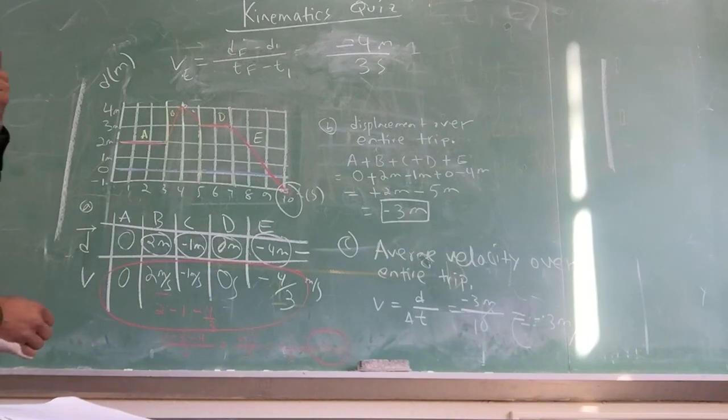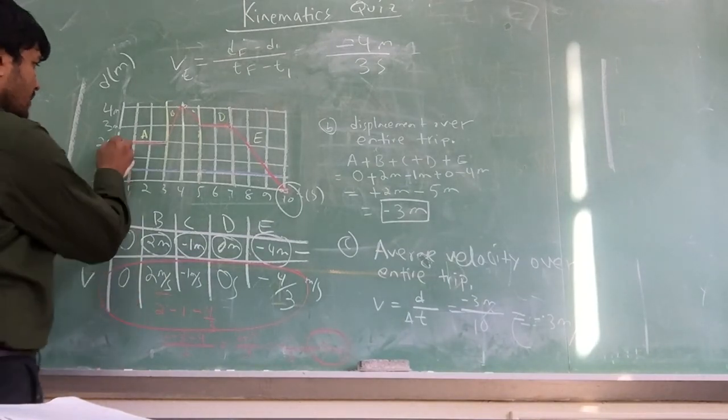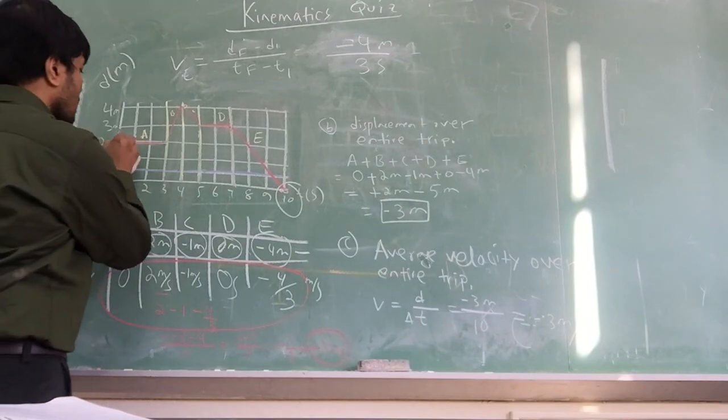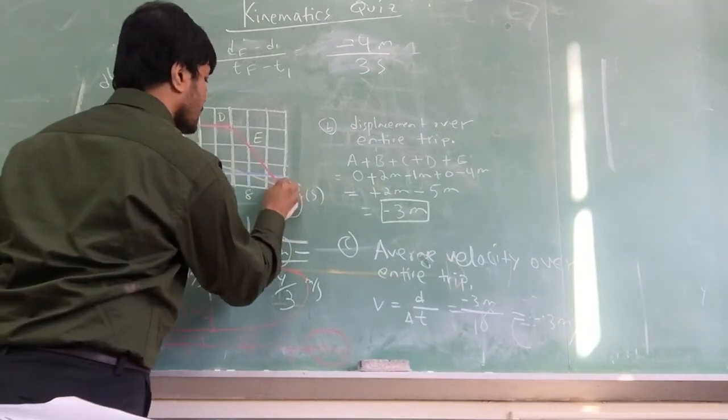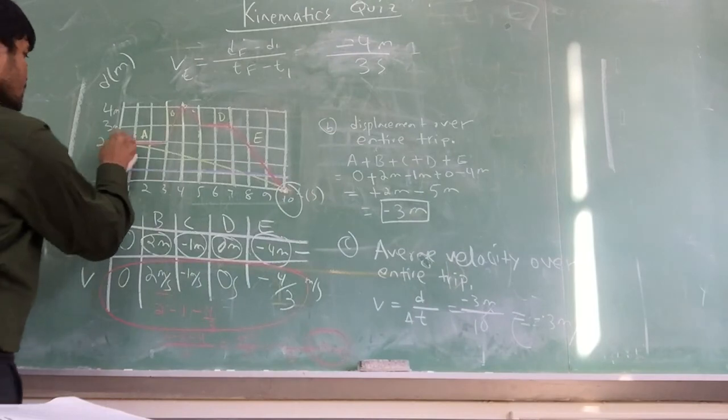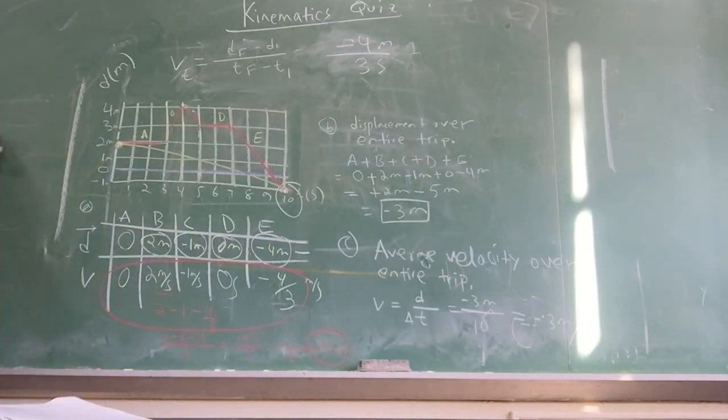Another way of doing this is drawing a line from here to here. So you have 2 points. One point is (0, 2). The other point is (10, -1).